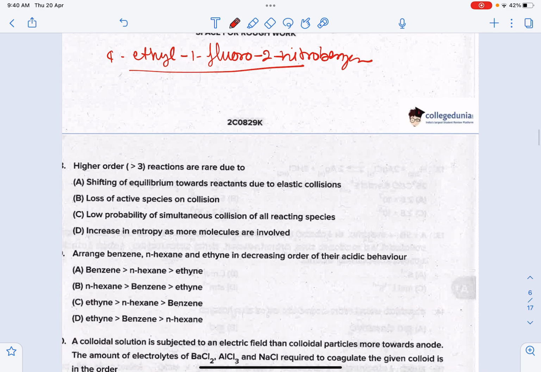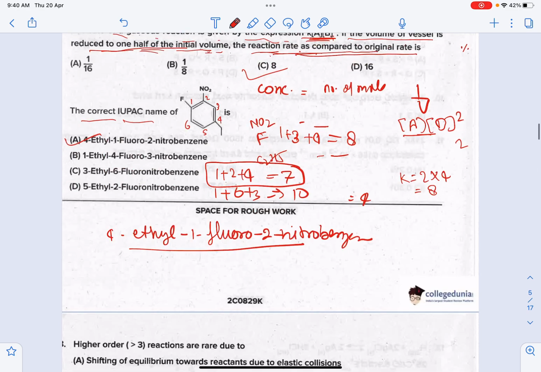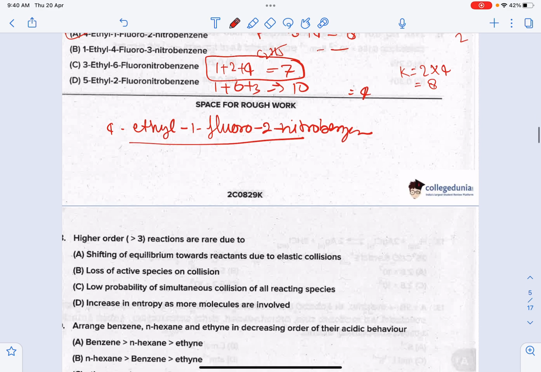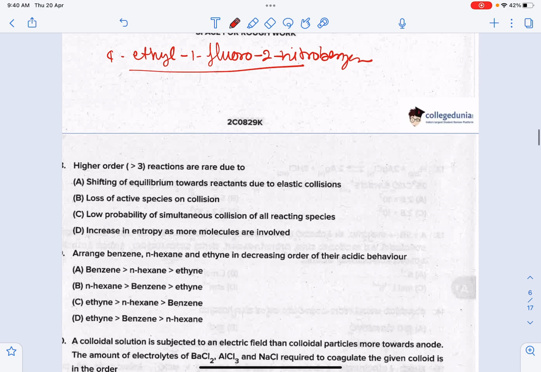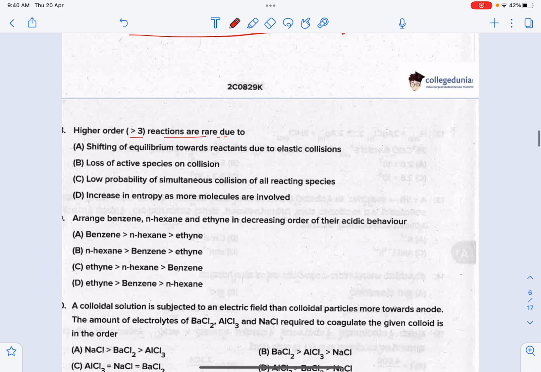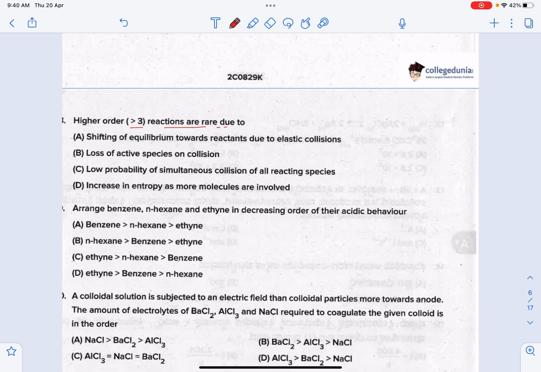Now the next question is: higher order, that is greater than 3, reactions are rare because of shifting of equilibrium toward reactant, elastic collision, loss of active species on collision, low probability of simultaneous collision of reactant species, or increase in entropy.